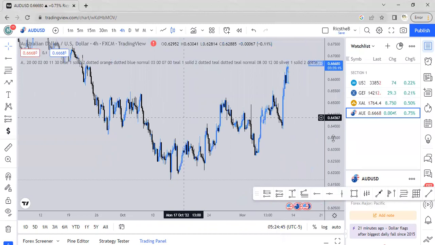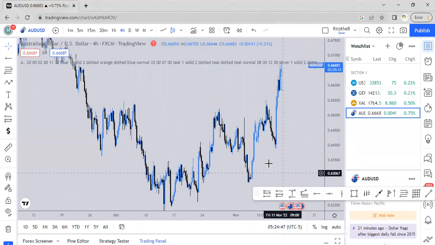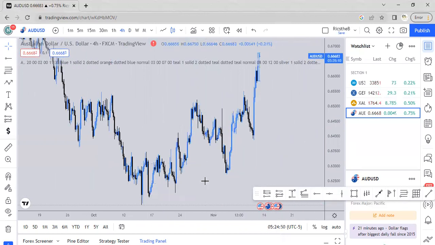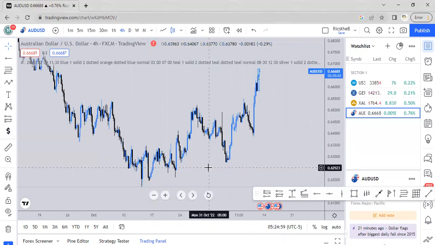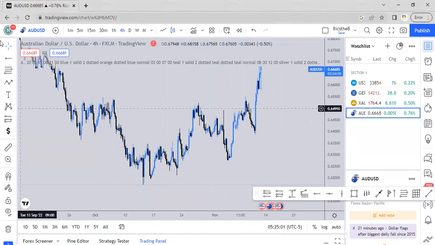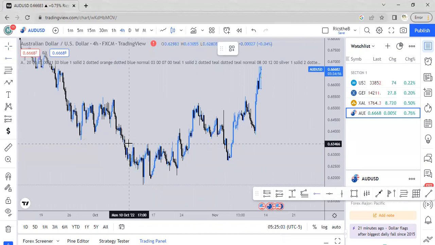Okay, so let's take an example. Let's begin from this lowest point. Looking closely, you can see this right here was our last swing point. Why am I saying this was the last swing point?